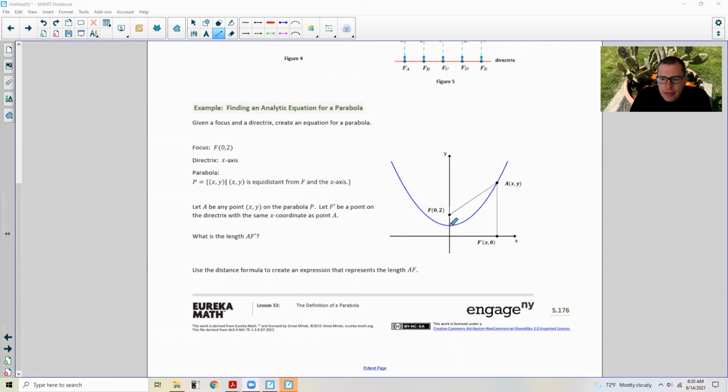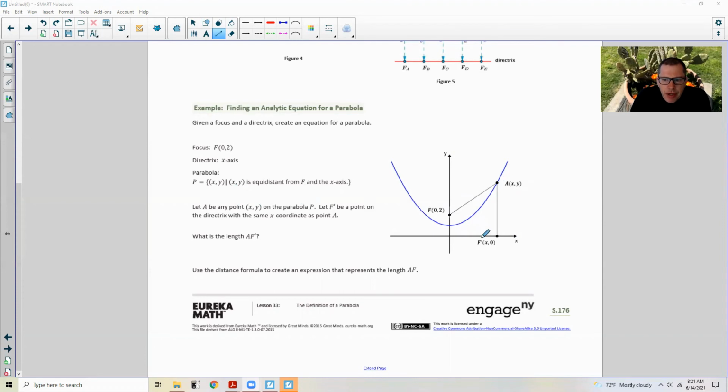So in this case, my parabola crosses at 1. So this is a distance of 1. And from 0 to 1 is 1. So these are equal. So this means that our focus is at point 0, 2, and our directrix is the x-axis. Okay, so it says let A be any point x, y, right here on the parabola.